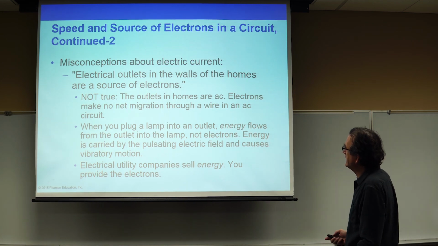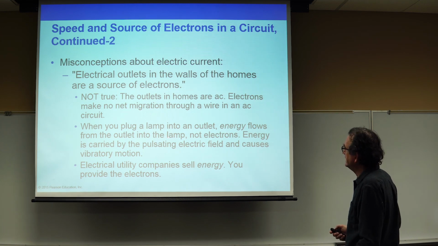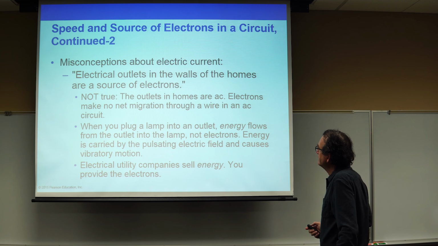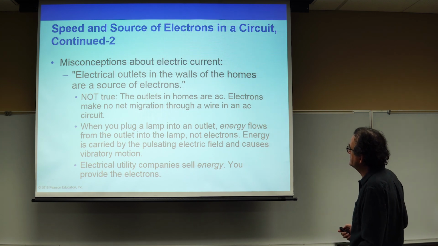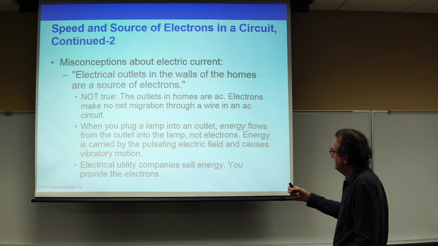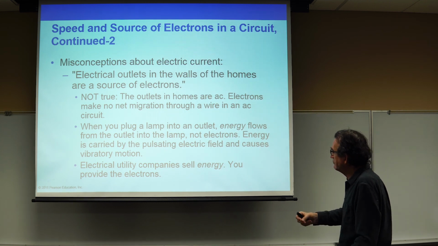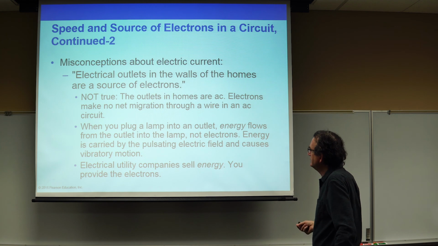Now, when you plug a lamp into an outlet, the energy flows from the outlet into the lamp, not the electrons. Basically, because it's an alternating current, the electrons are simply moving back and forth about their equilibrium place, so they are not migrating from the outlet into the lamp.